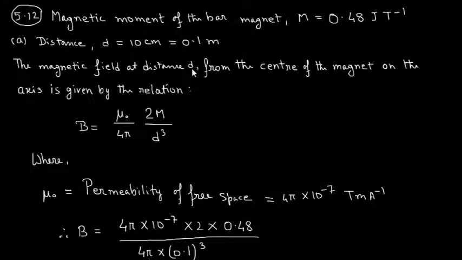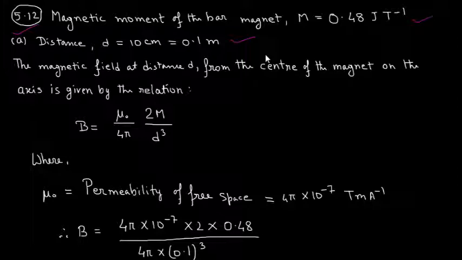So the solution to 5.12: magnetic moment of the bar magnet M is equal to 0.48 joule per tesla. A, distance d is equal to 10 cm, that is 0.1 meter.